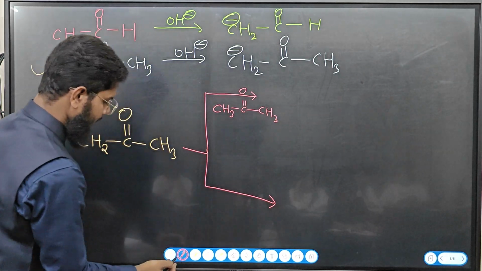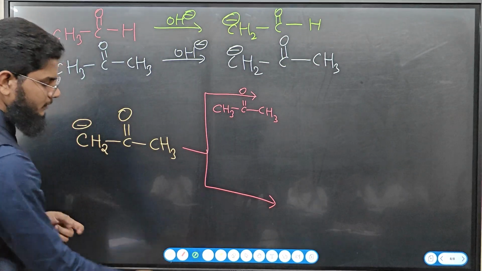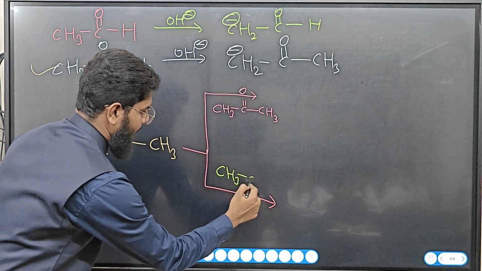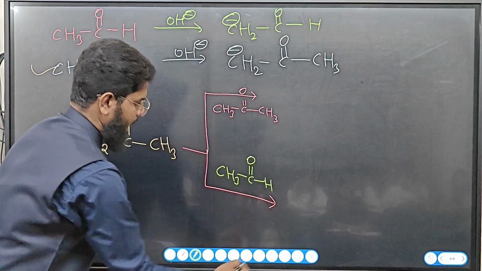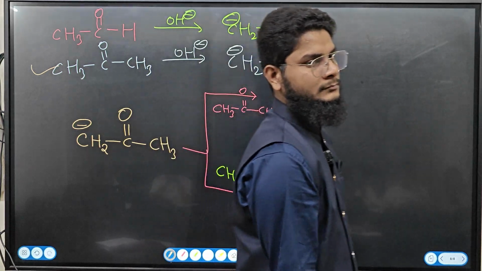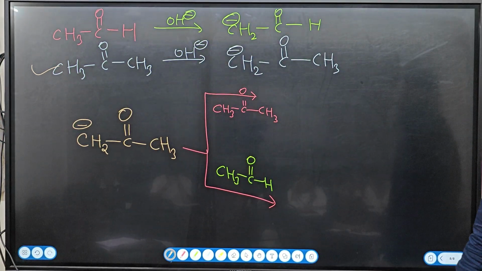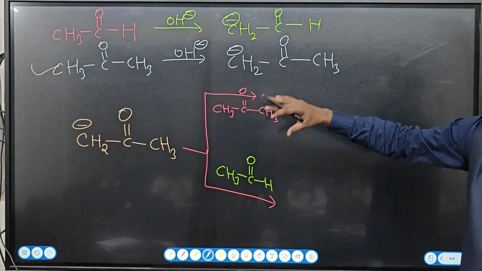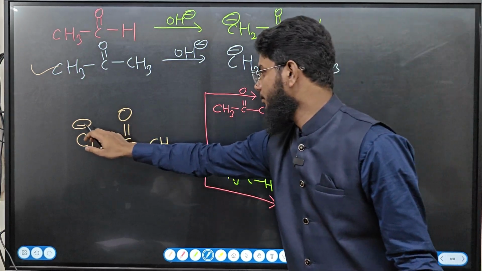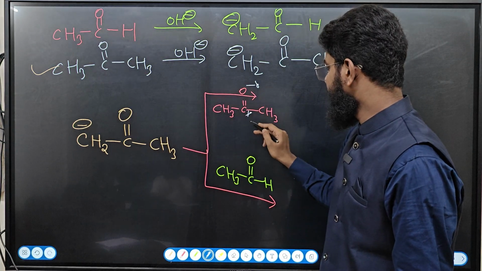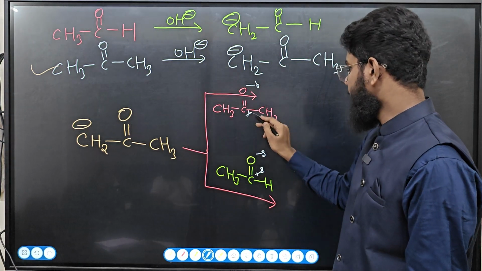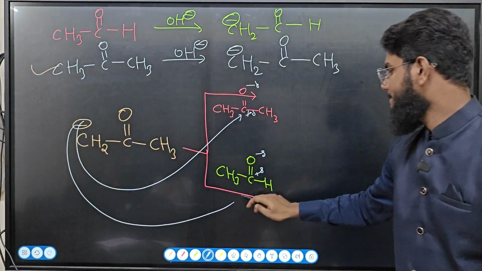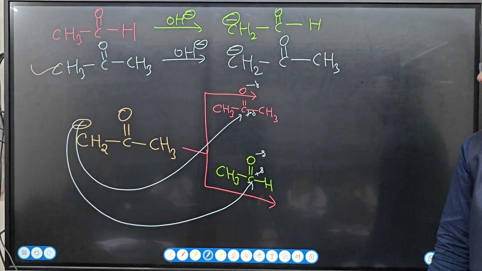And another possibility, this can react with acetaldehyde, right? Tell me the product. You can also draw the direct product. Look at here, how to draw the direct product. First, you just show negative, positive, negative, positive. This attack you just show. So this will help you with how to draw the product.